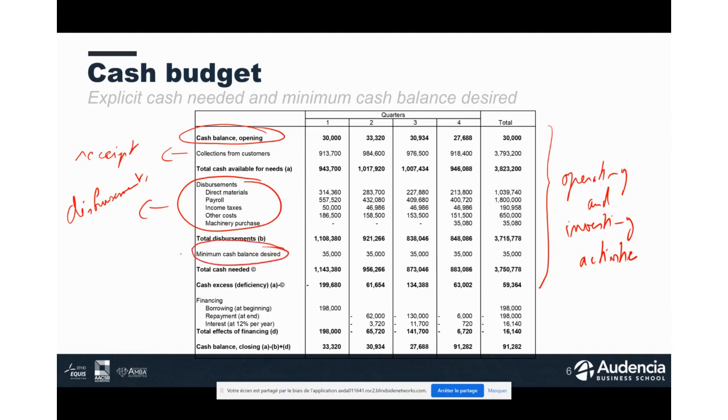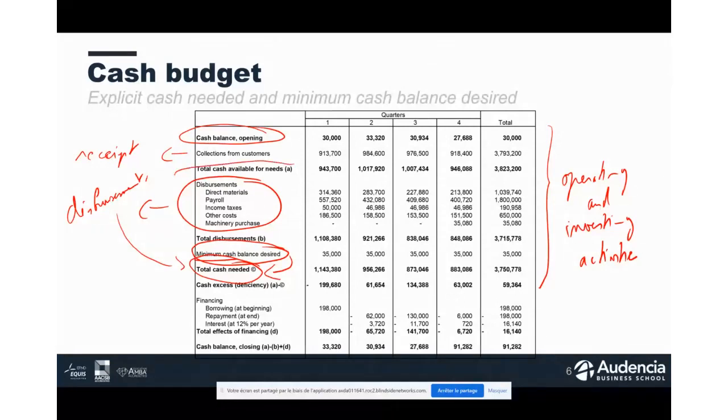And you have the expected minimum cash. So you can include in your cash needed what you need because of the disbursements and because of the minimum cash you want at the end of the period. And you will compare the total cash needed with the cash available.